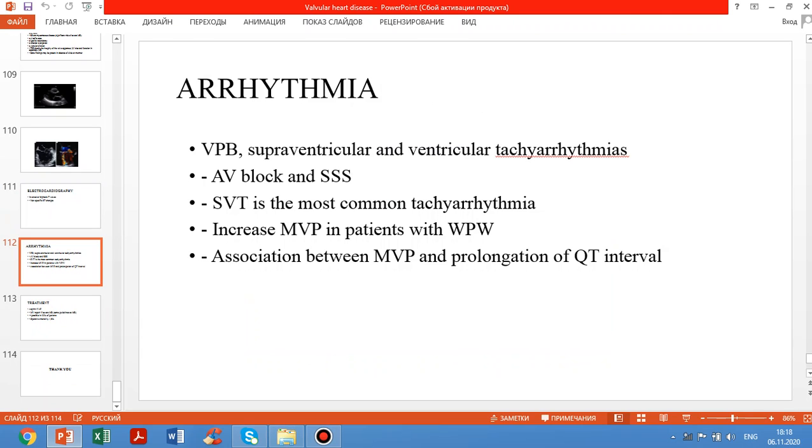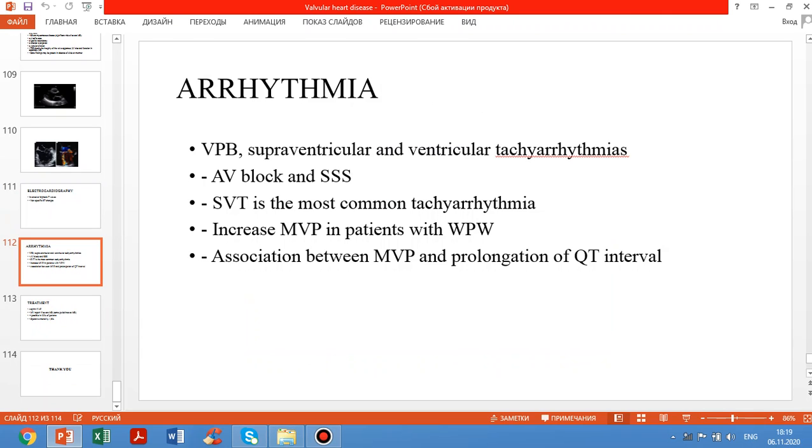Arrhythmia in mitral valve prolapse: there are ventricular premature beats, extrasystoles, supraventricular and ventricular tachyarrhythmias, AV block and sick sinus syndrome.